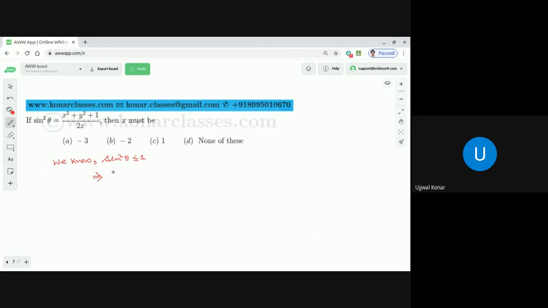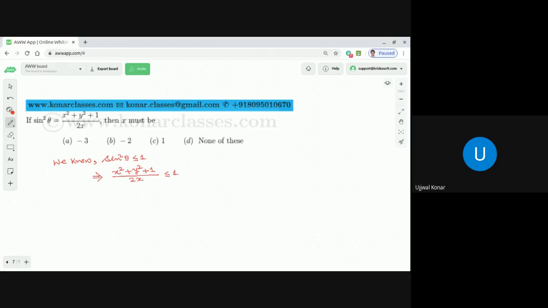This implies x square plus y square plus 1 divided by 2x is less than equal to 1. Correct?